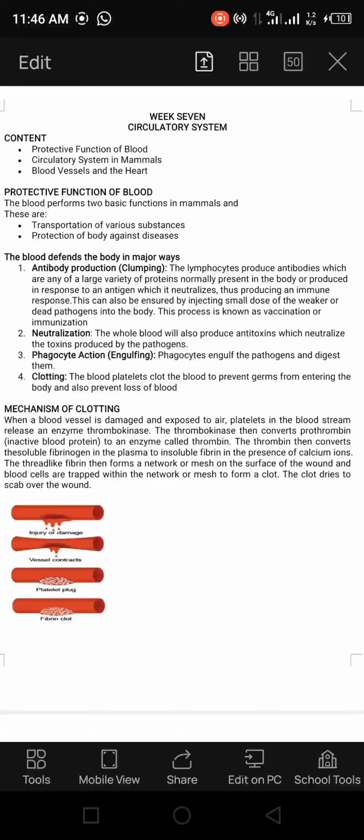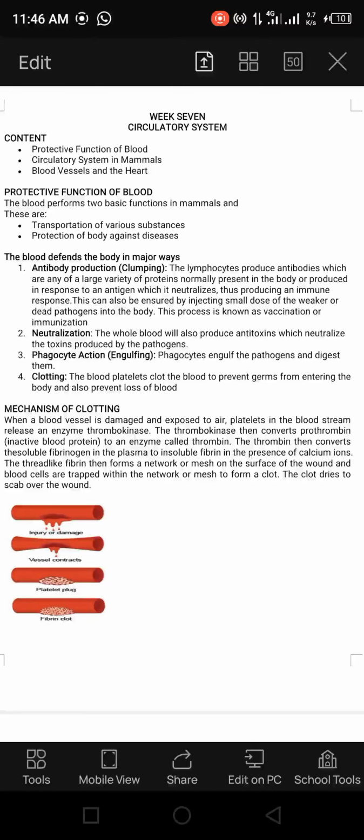So it involves recognizing targets, engulfing them in a phagosome, and fusing with lysosome to digest these unwanted materials.